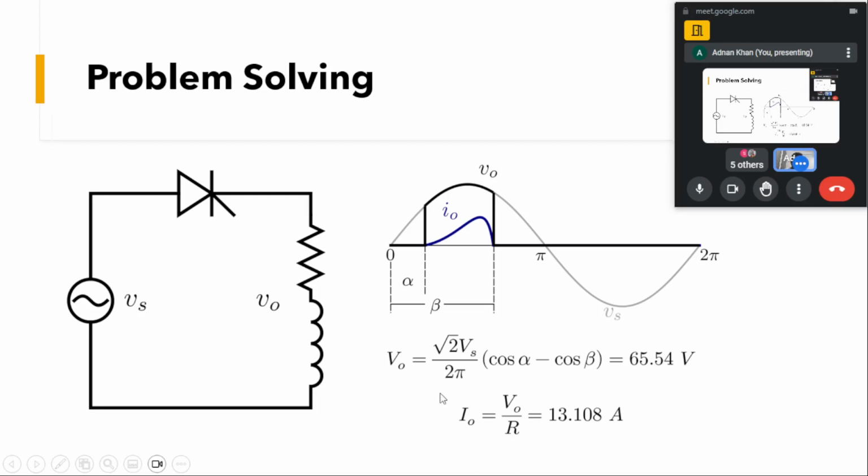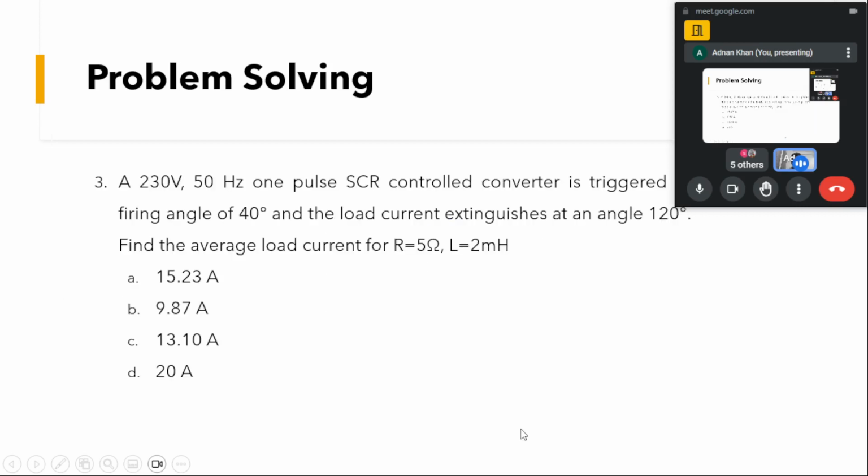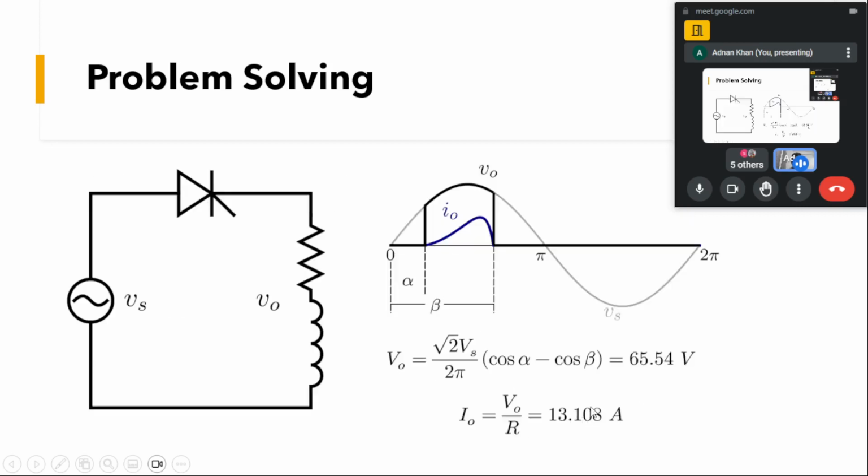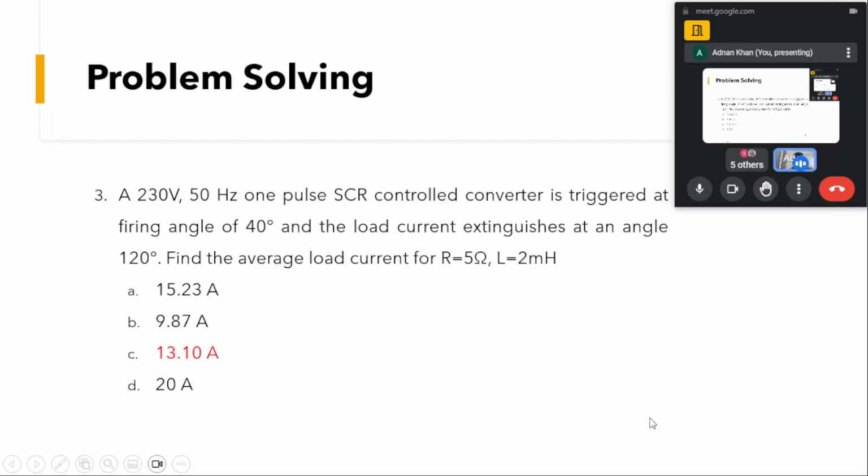For the average output current only the resistance comes into the picture, so we divide this average voltage by R, which is 5 ohms, and we get a current of 13.108 amperes. That is the answer to this question, 13.10 amps.